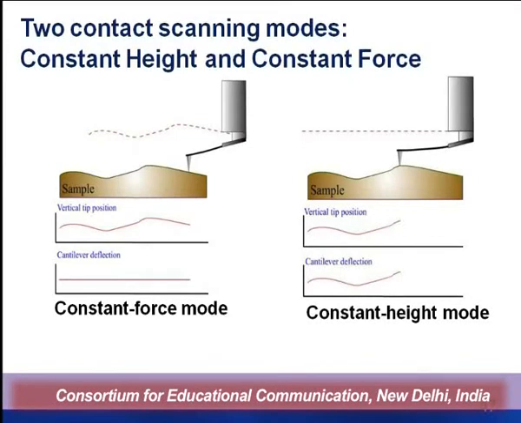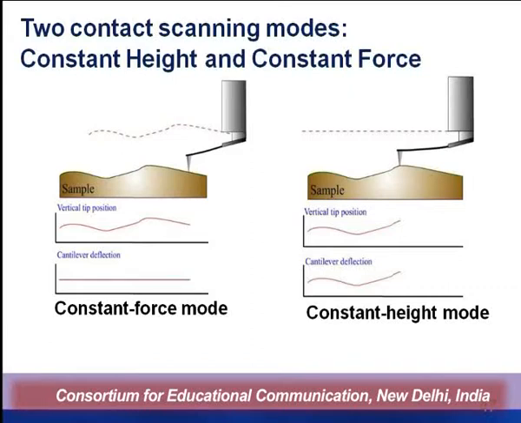contact scanning modes. First is the constant height mode and second is the constant force mode. In the constant height mode, the tip moves at a constant height, and the distance between the tip and the scanner can change according to the structure of the surface.